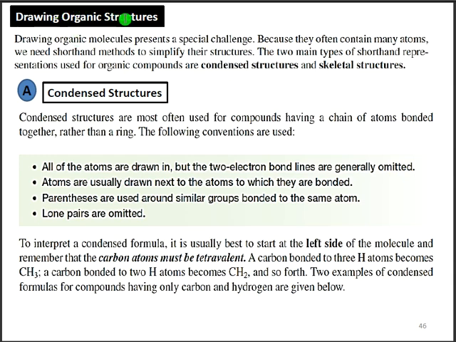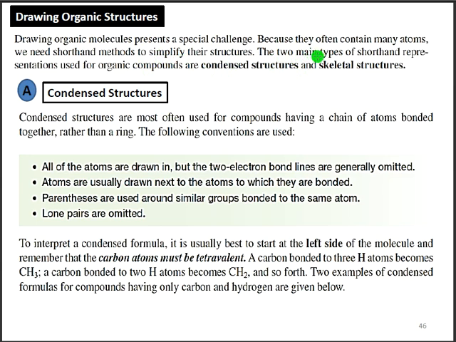Drawing organic structures. Drawing organic molecules presents special challenges, because they often contain many atoms, so we need a shorthand method to simplify their structure. That means we have a useful method to draw the structure of compounds.